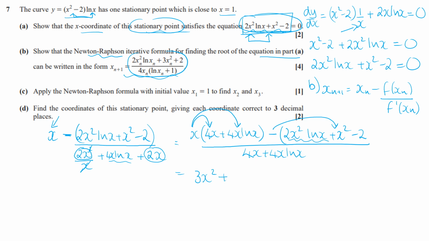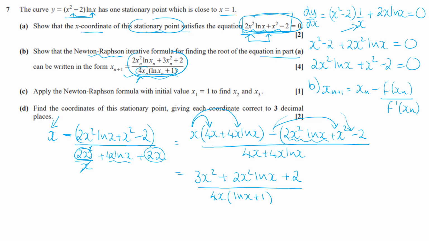So that will be plus 2x squared ln of x, and then you'll still have a minus 2, so that will be plus 2, all over. Now to get what they want, they've taken a factor of 4x out, and then it's ln of x plus 1.